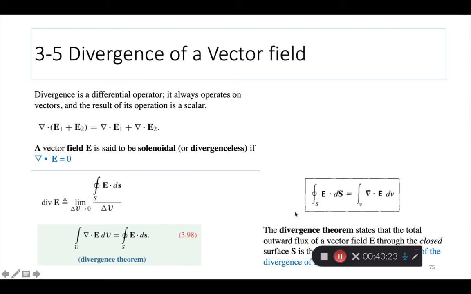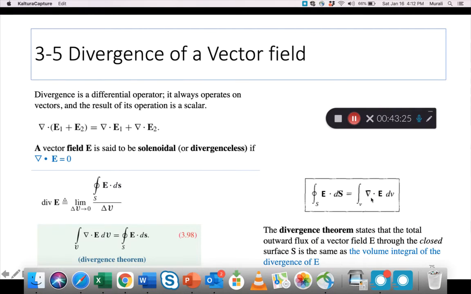So here's another important theorem related to divergence. The divergence theorem says that the total outward flux of a vector field through the closed surface S is the same as the volume integral of the divergence of E. So if you did the divergence and then did the volume integral, which is an integral in 3 dimensions, 3 variables, that is nothing but a surface integral over a closed surface, and the two are equal.